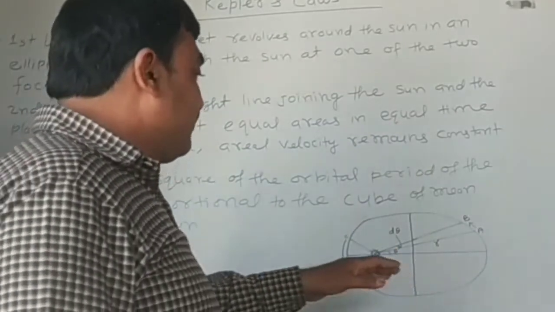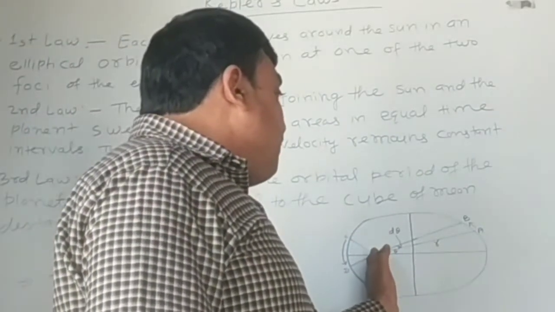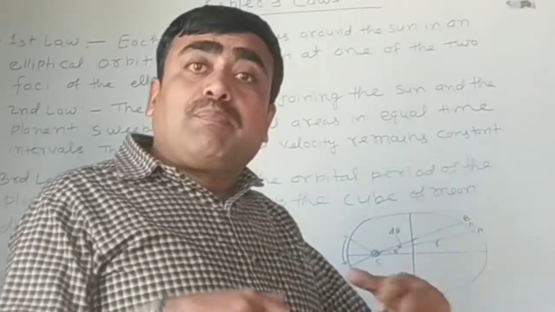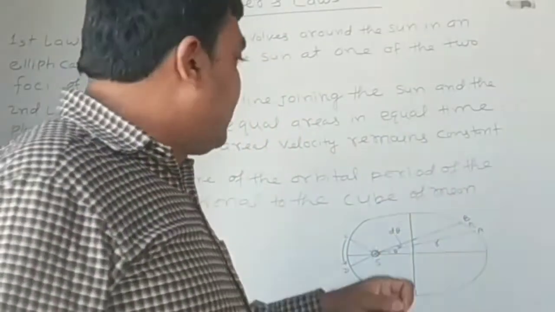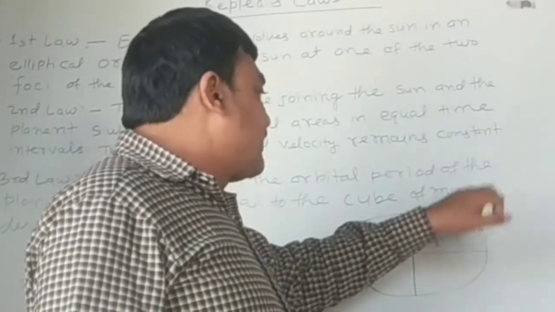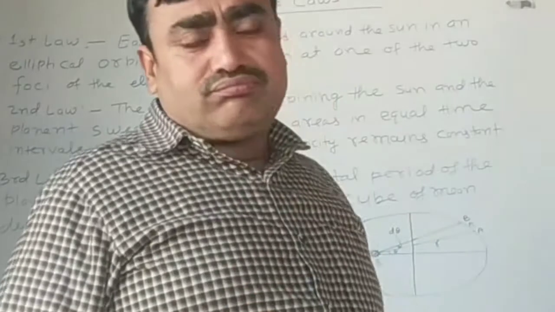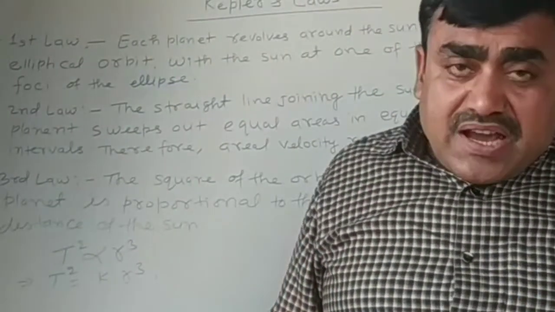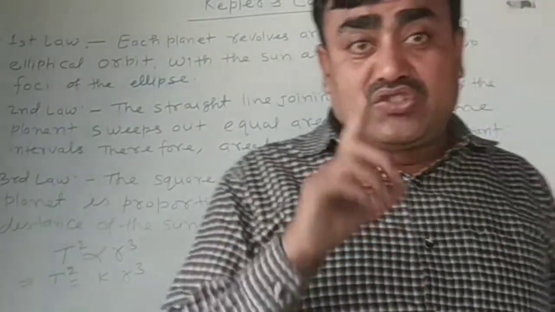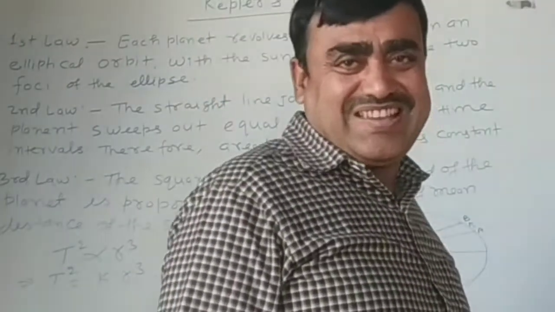And in the further or far away distant part from the sun, its motion is slow. It appears so, but it is not actual. Okay?